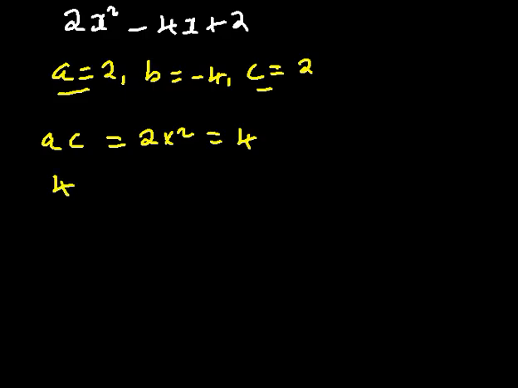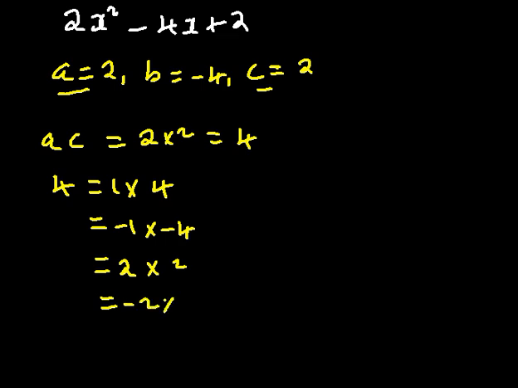So positive 4 is the same as 1 times 4, and this is the same as negative 1 times negative 4. This is the same as 2 times 2, and the same as negative 2 times negative 2.